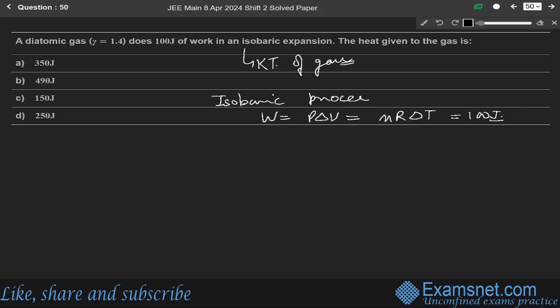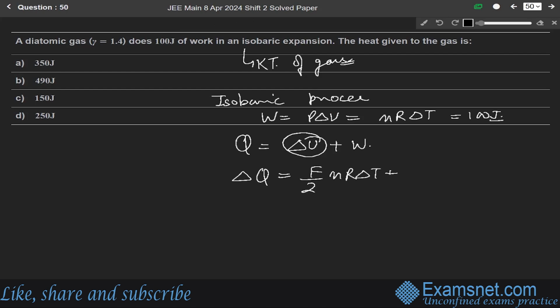And we know that from first law of thermodynamics, Q is equal to delta U, means internal energy, plus W. So delta Q will be equal to F by 2 nR delta T plus W. W is nR delta T.